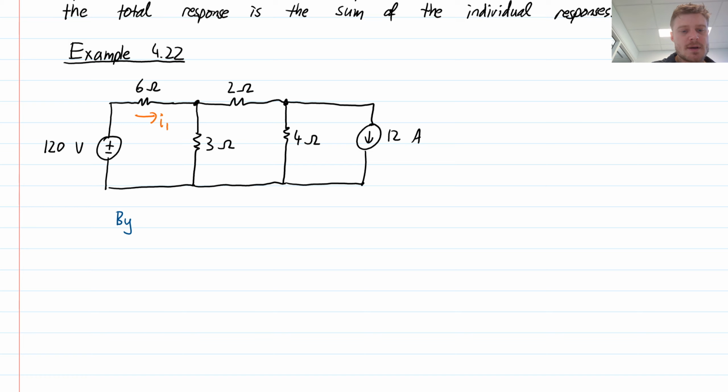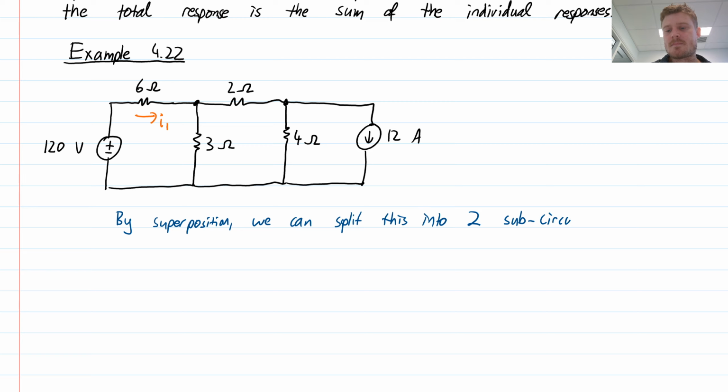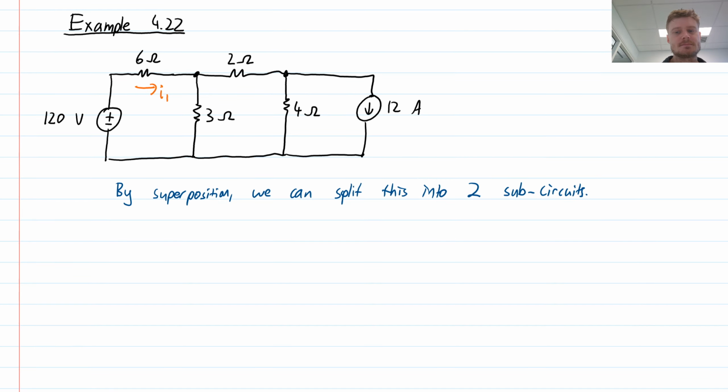By superposition, we can split this into two, let's call them sub-circuits, which are the response due to the voltage source and then the response due to the current source.